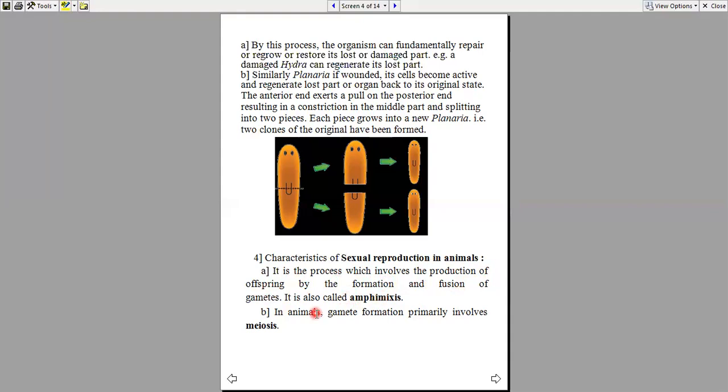Point number 2. In animals, gamete formation primarily involves meiosis. In sexual reproduction, the cell division which takes place is meiosis, followed by mitosis. So in animals, gamete formation primarily involves meiosis, and in asexual reproduction, there is only mitosis.